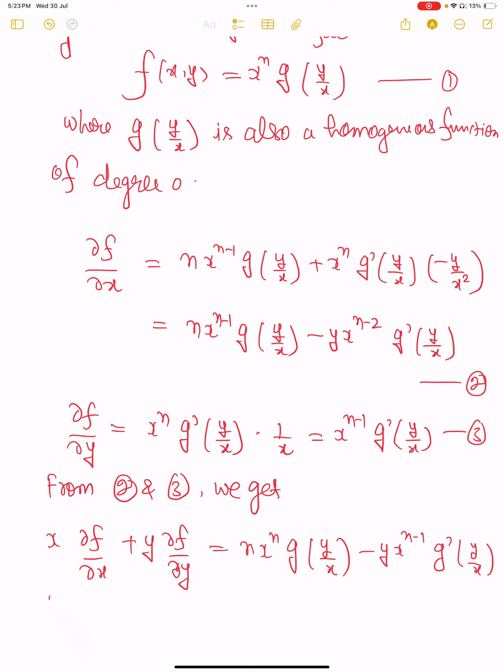Now, what is the value of y del f upon del y? It is y x to the power n minus 1 g dash(y upon x).